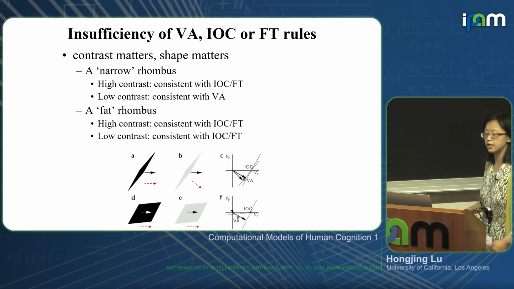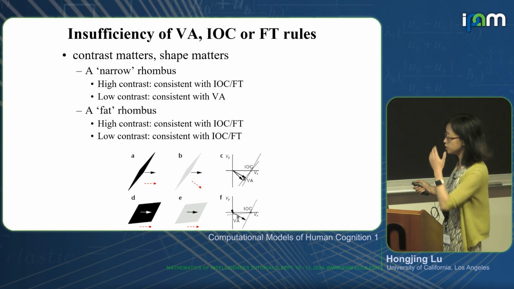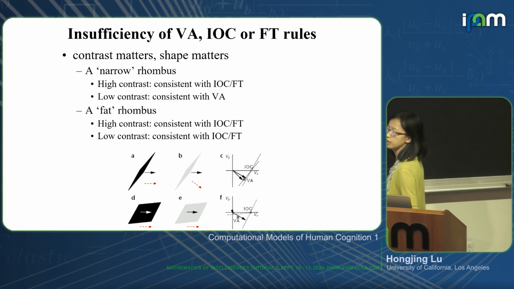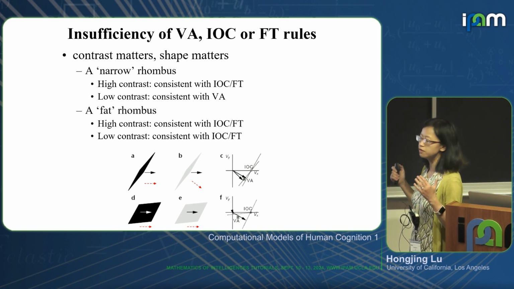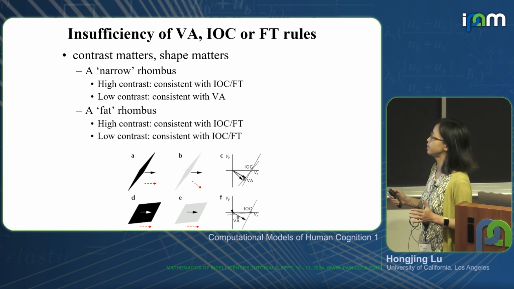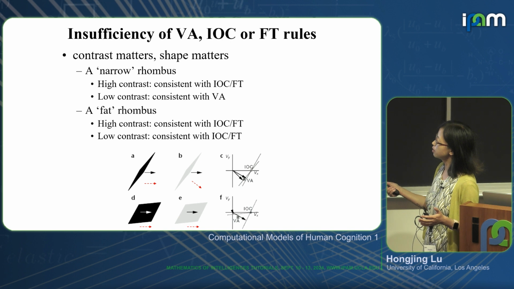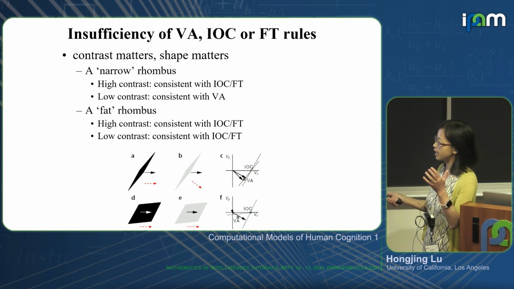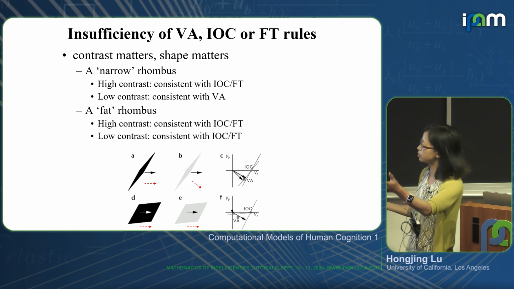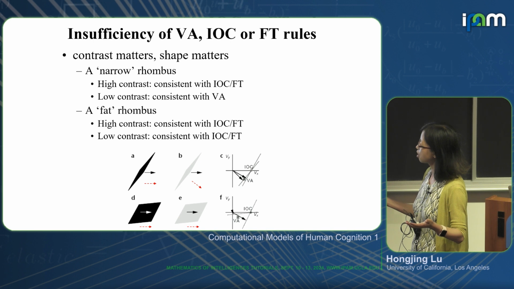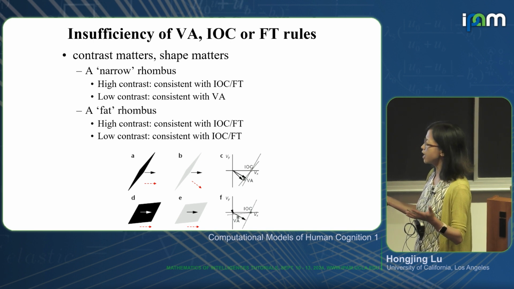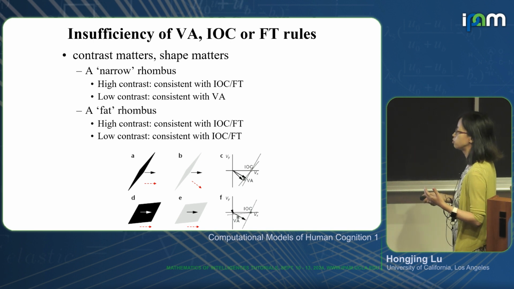So in the past, the one thing from experimental data is that it's very dissatisfying, because we notice that even for this very, very simple experiment, it depends on the shape of this rhombus. If you imagine you put a few holes here and ask people to perceive the motion direction, it depends upon the shape of the rhombus, basically the orientation of these lines, and upon the contrast of this rhombus.